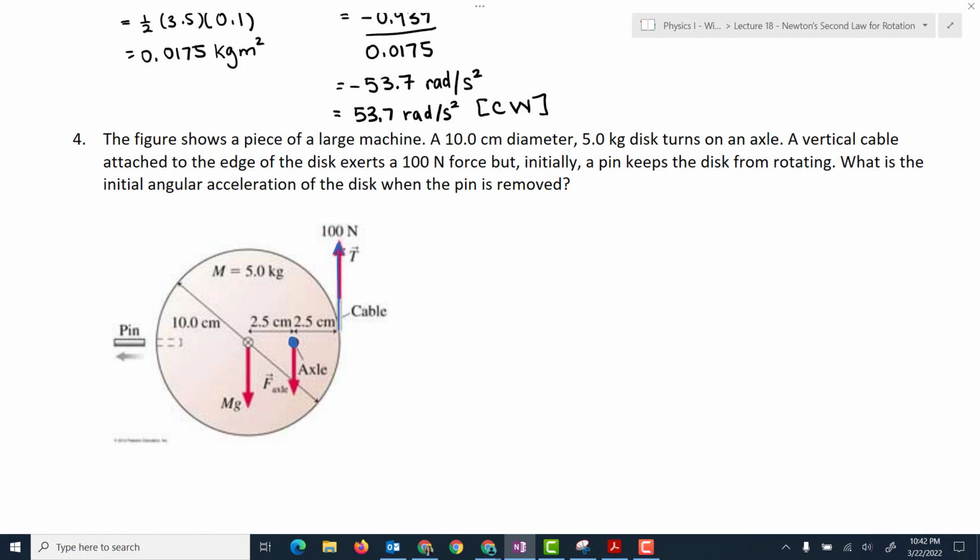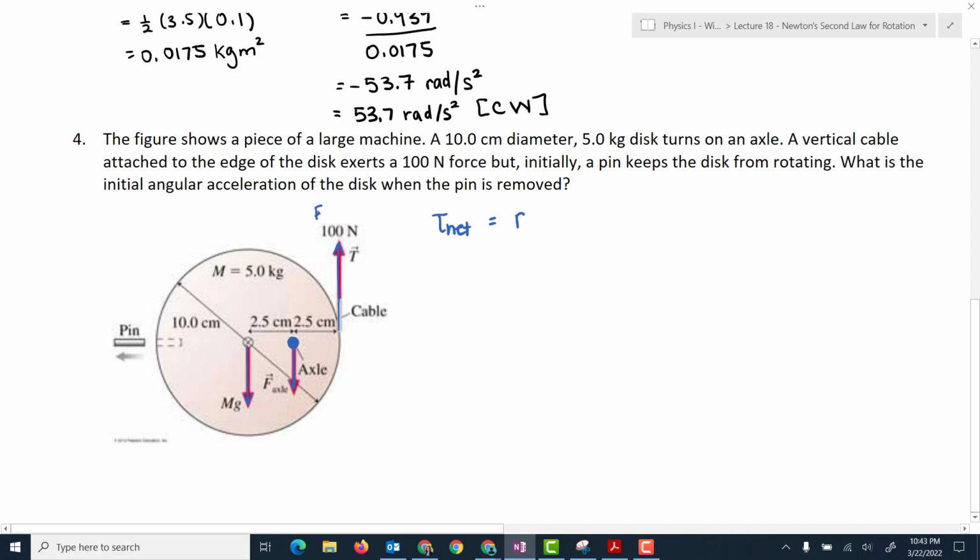Okay, so we see that there are 3 different forces acting here. There's the force of the axle, and there's the weight of the actual disc itself. And then there's that tension from the cable that was mentioned. So the first thing we can do is figure out what is the net torque that's acting on this disc. Okay, remembering that the axis of rotation is at this axle over here. So we'll do the formula for net torque, and maybe we'll name all of these forces.